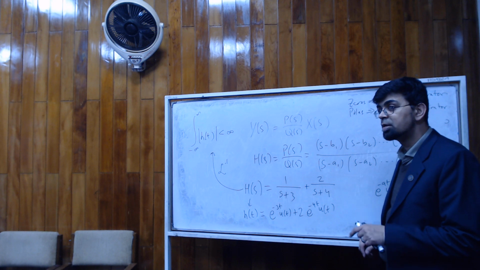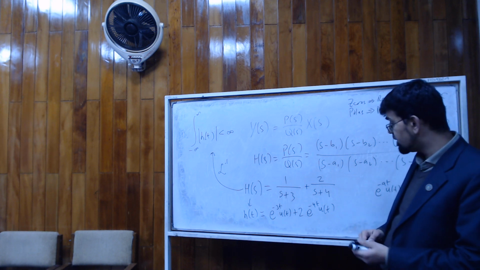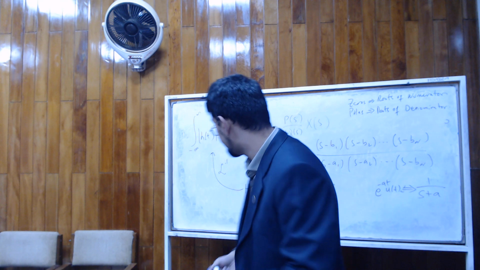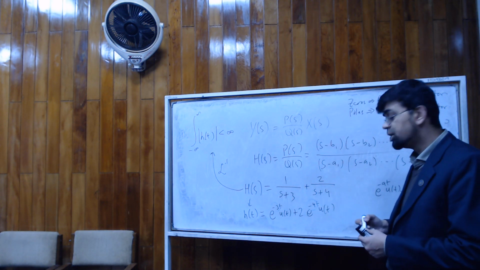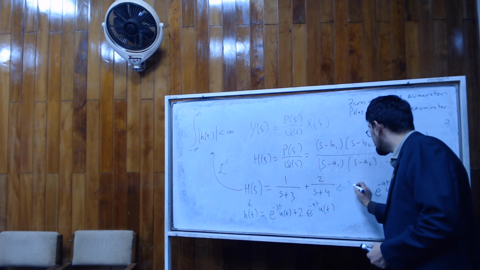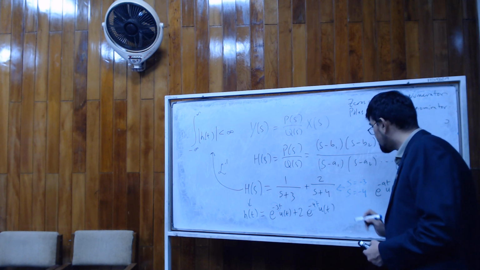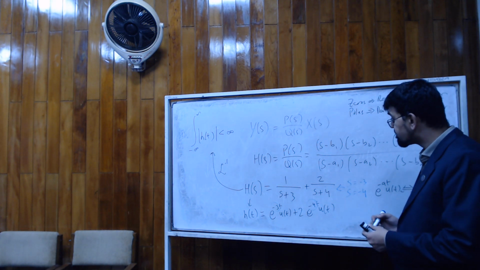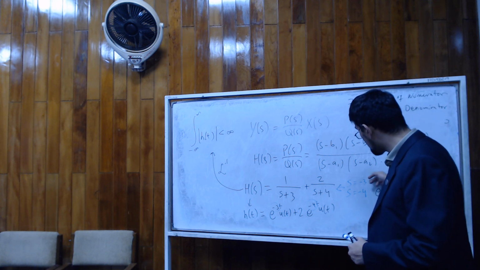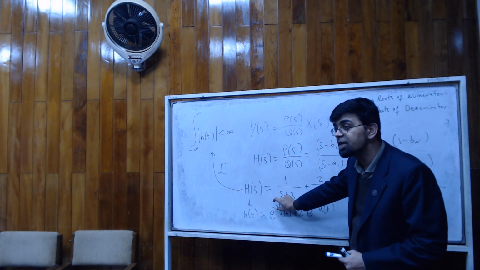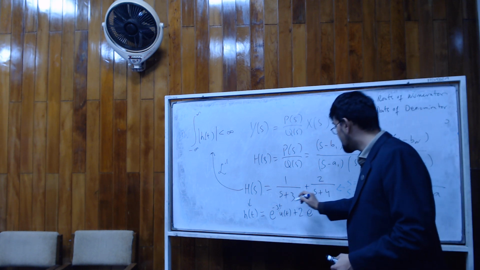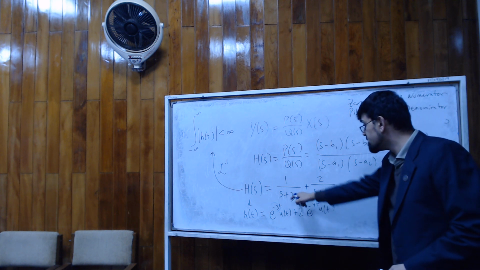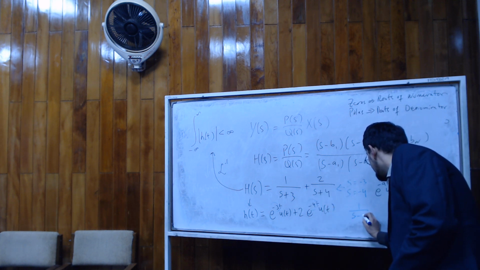Where are they? In e power minus 4t, in the power, right? Here they are. So this thing has poles -3 and -4. Okay, that's good. And we know that these poles show up as they are here. Now let's imagine that this thing was 1 over s minus 3.